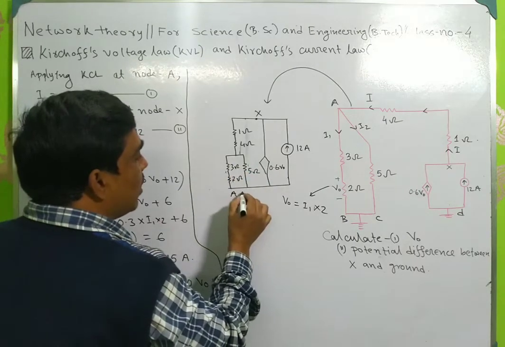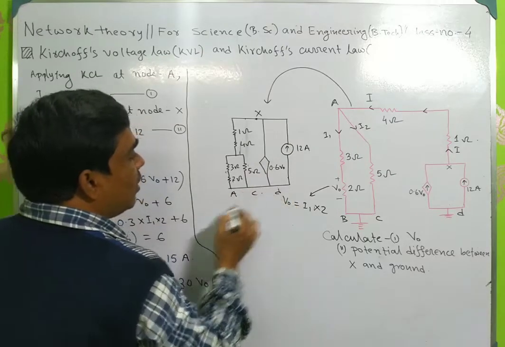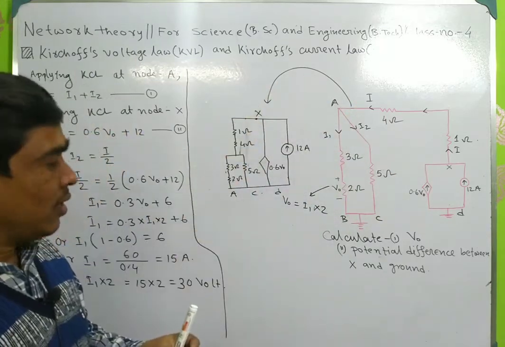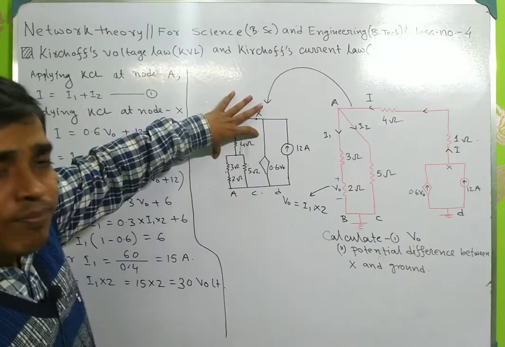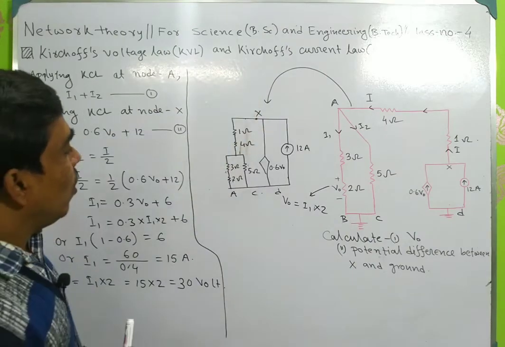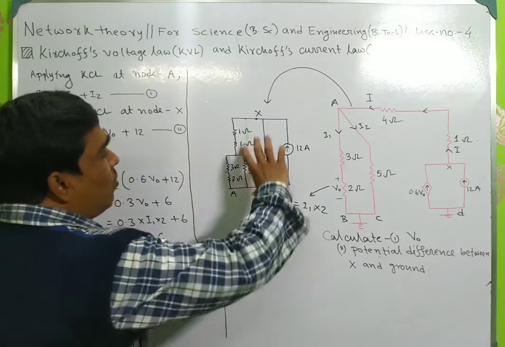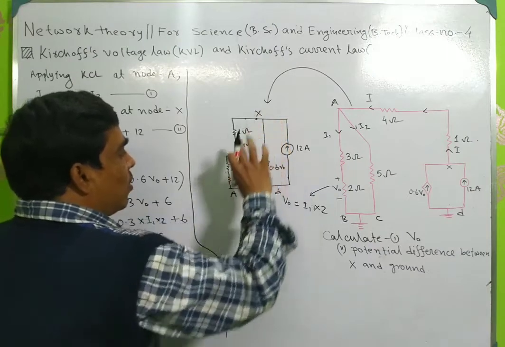This is A, B, C and D branch. So this circuit can be redrawn in this fashion. Okay, so what will be the voltage difference between these two points?